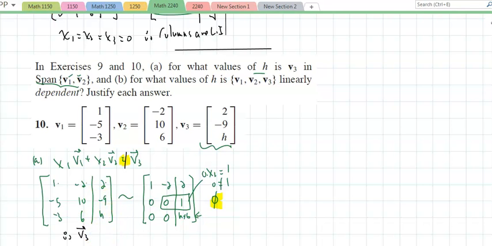V3 cannot be in the span for any value of H. For any H. That's part A. How about part B?